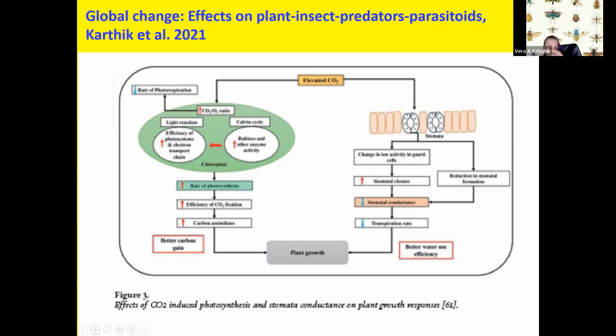So all in all, everybody thinks in agriculture, pest numbers are going to increase and control by natural predators and parasitoids are going to decrease, and there's going to be increased reliance on pesticides, which isn't good.